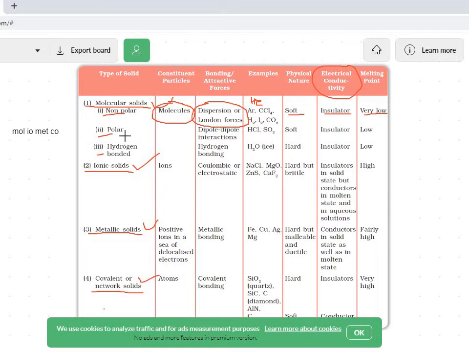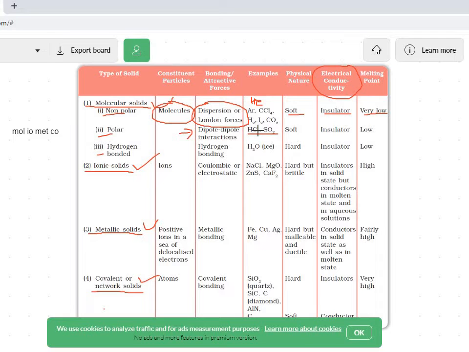Second is polar molecular solids. Example is HCl, very famous. In HCl, Cl is electron rich compared to hydrogen. So the electrons are naturally pulled towards chlorine, and that's the reason you have partial positive and partial negative charge generated, the bond polarity. Here you have the dipole-dipole interaction.